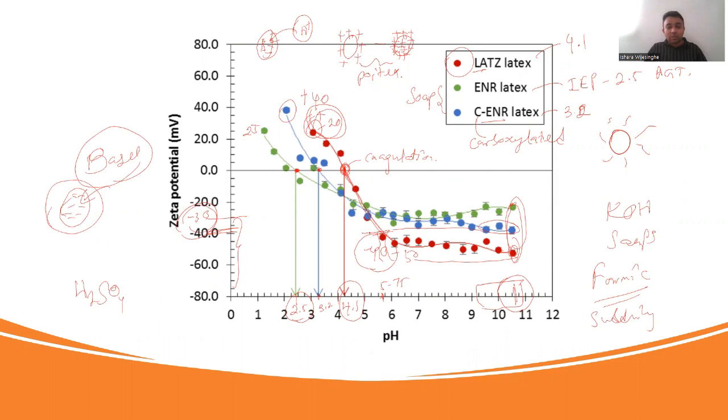So below these pH levels, latex is more stable, because the zeta potential is below minus 30. It is stable.